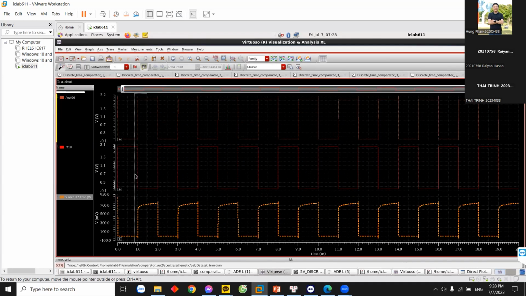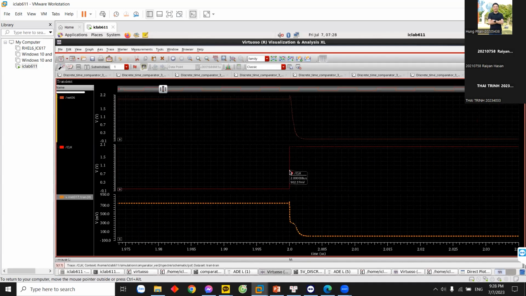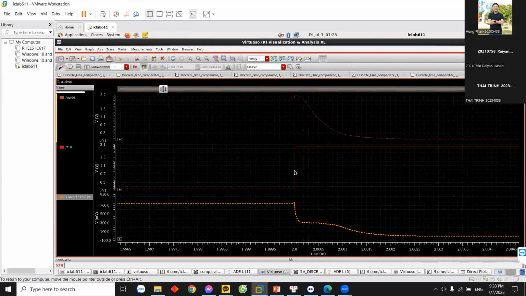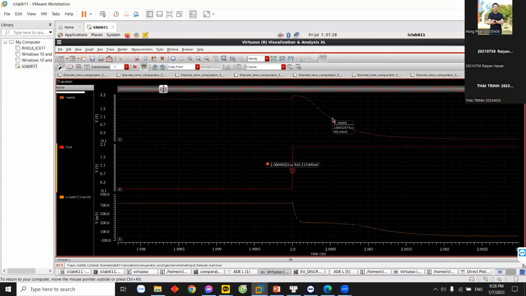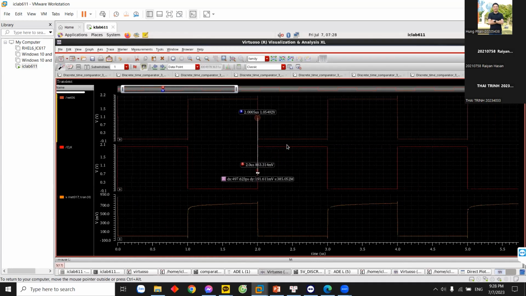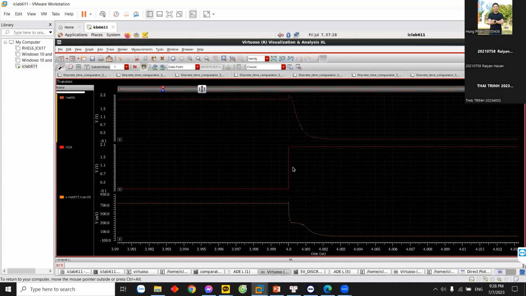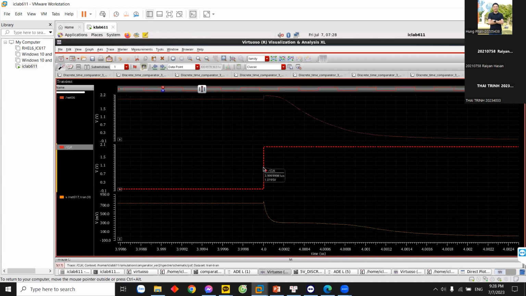No. You can see the delay is almost the same in every rising edge, right? Yes. So the time you simulate doesn't affect.